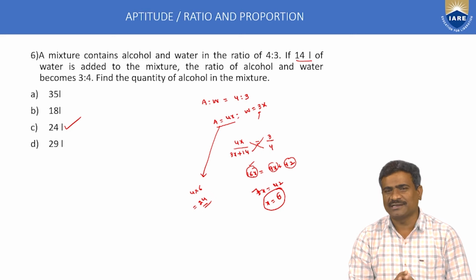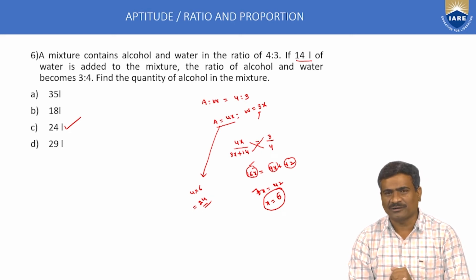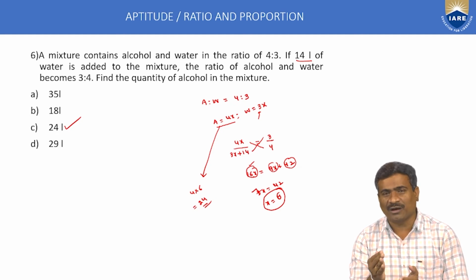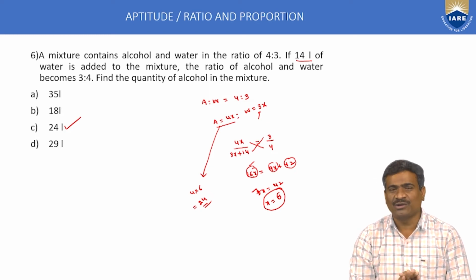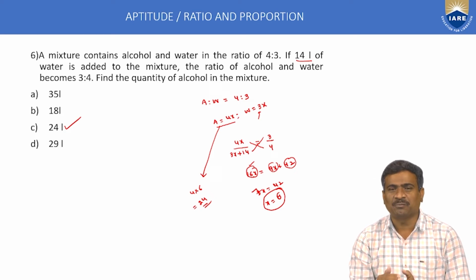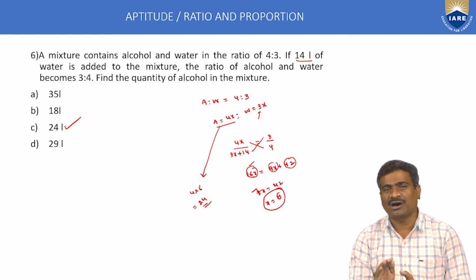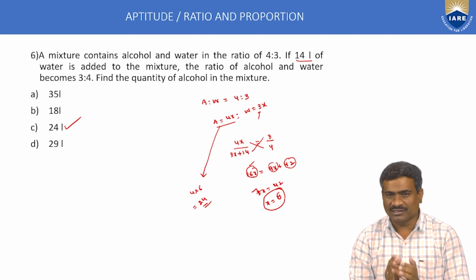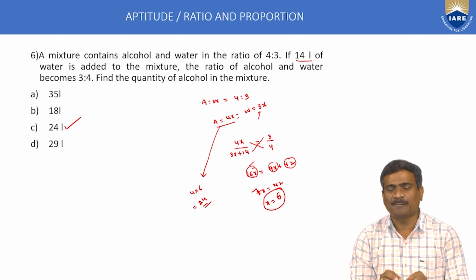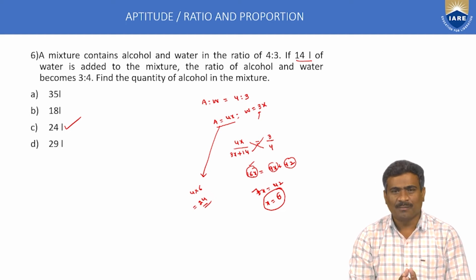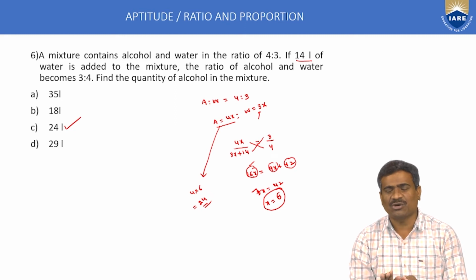First calculate the quantity of water and the quantity of milk. Here milk is constant, just add the quantity of water to get the new ratio. This model is important, the combination of water and milk. But this question belongs to alcohol and water, apply the same logic. But note, one ratio is applicable to only one variable.